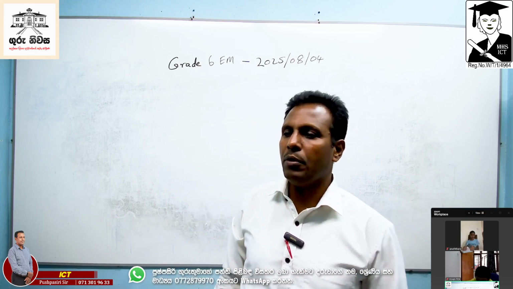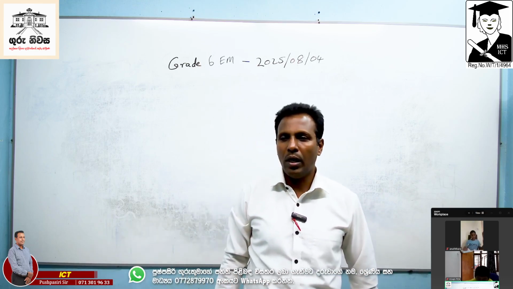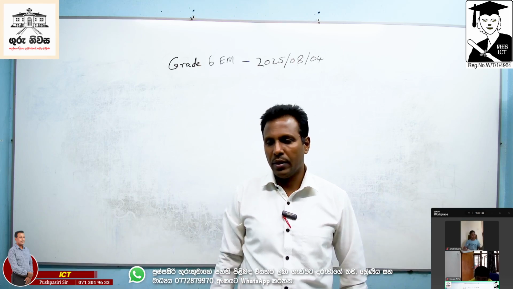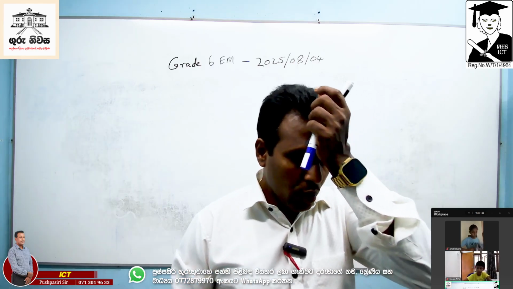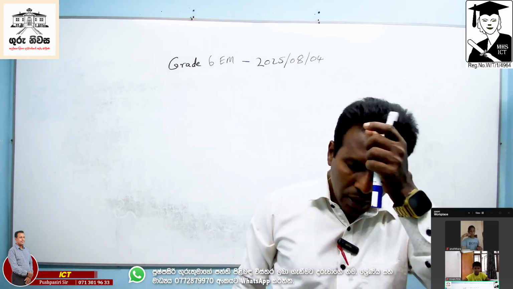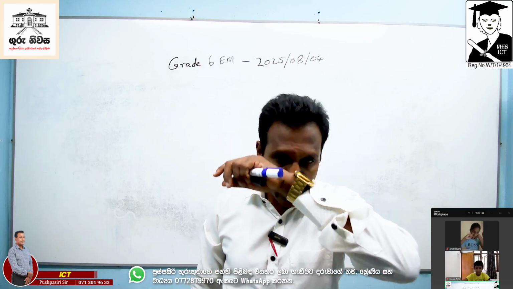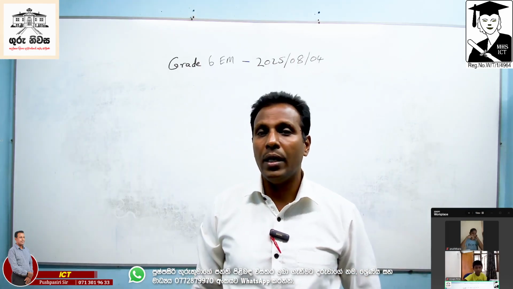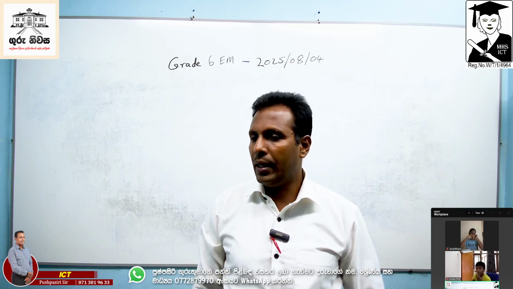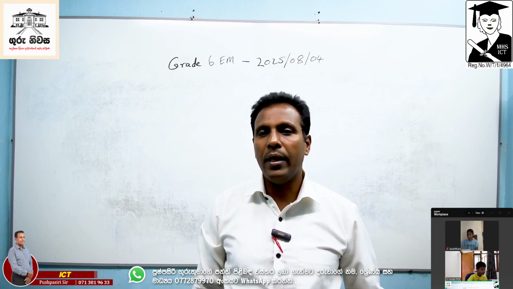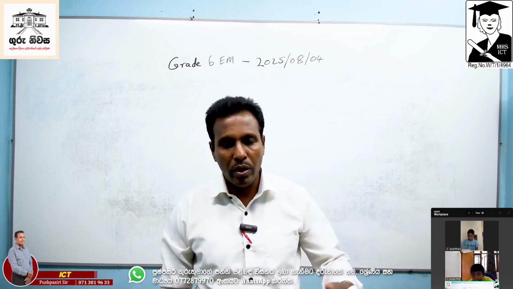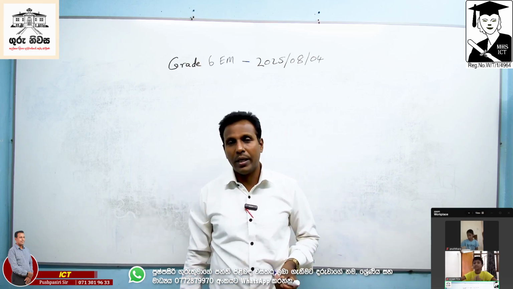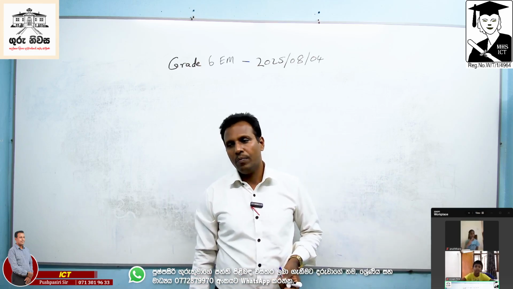Lesson number 5 is called algorithm and flowchart, right? This is a very important lesson for you to understand very well, because it is used again in grade 8, and grades 9, 10, 11. All these lessons build on it.